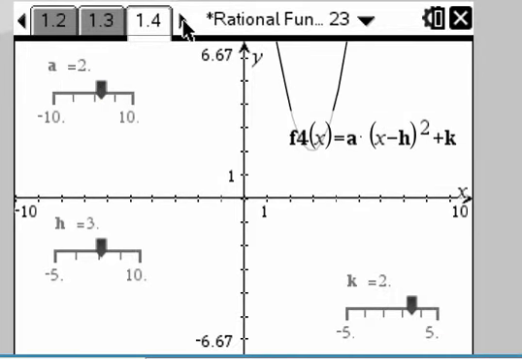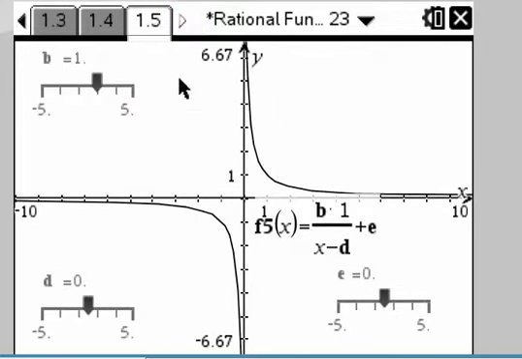So let's look at the same thing with our function here. I put in some other letters just not to be confused with the previous page on this document. I use b as the scale factor, d as my right and left shift, and e as my up and down.